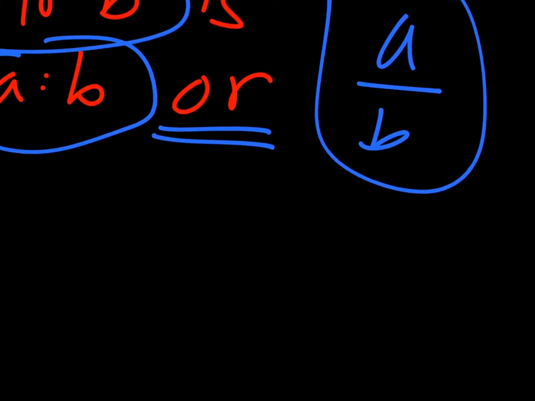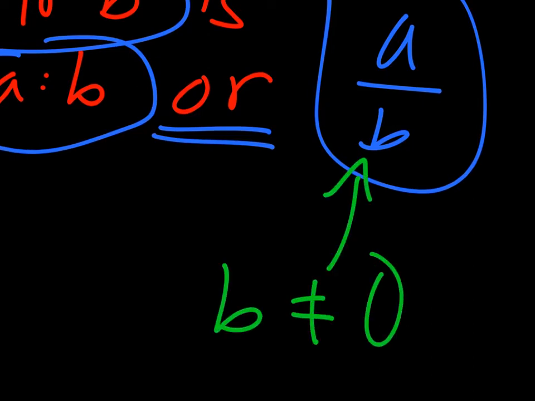Now, in this scenario, B here cannot equal 0, okay? If you have a 0 in the denominator, it will come out as undefined or an unsolvable solution, okay? The denominator cannot be 0, okay?